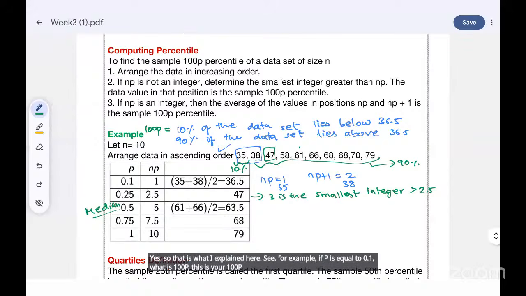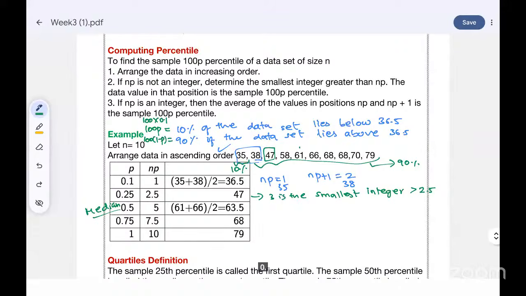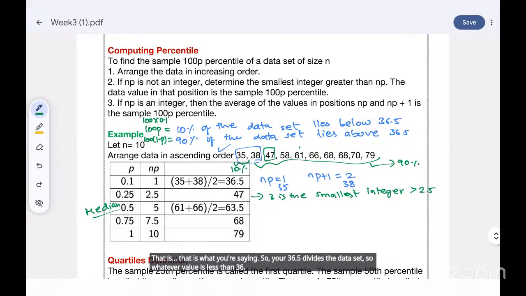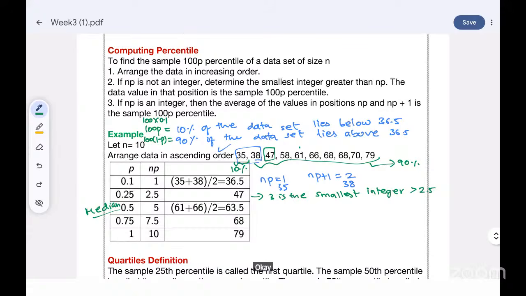So if p is equal to 0.1, 100 into 0.1 is 10 percent. And what is 100 into 1 minus p? 0.9, that is 90%. So your 36.5 divides the data set. Whatever value is less than 36.5, that is only 10% of the data set. And everything above 36.5 is contributing to 90% of the data set. Got it, ma'am.